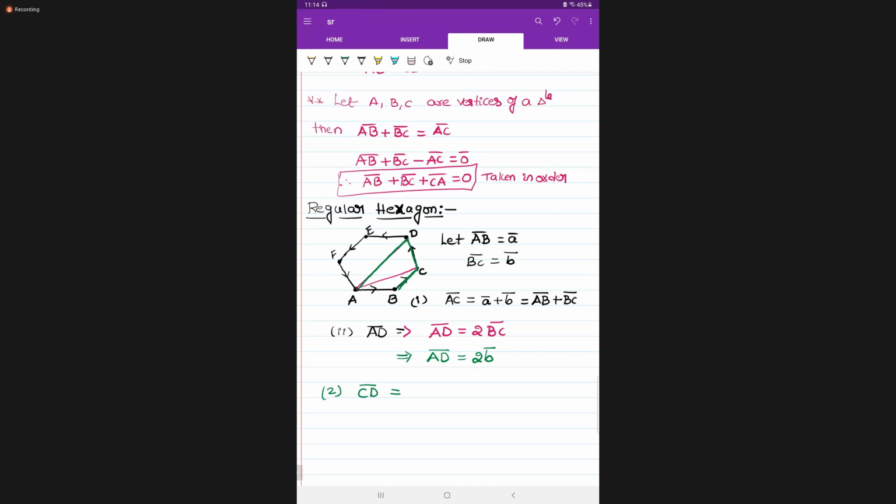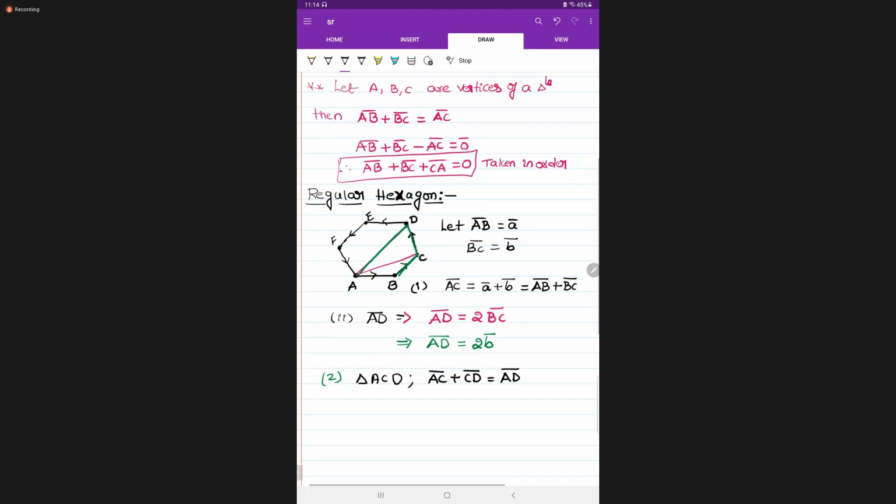Tell me, students. Okay. Triangle ACD. AC bar plus CD bar is equal to AD bar.